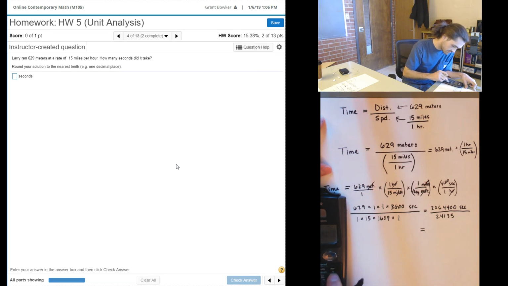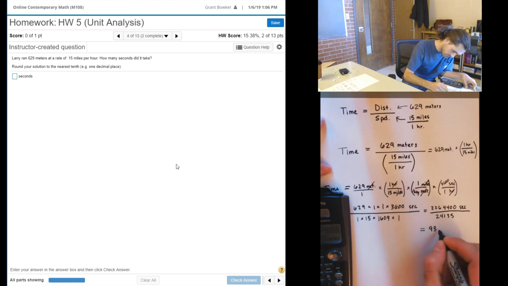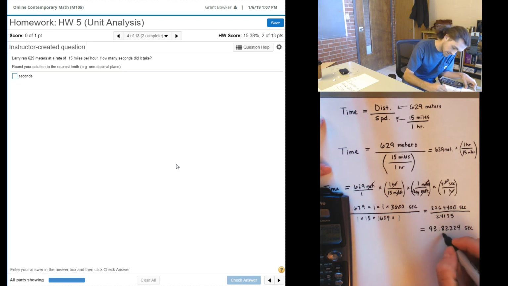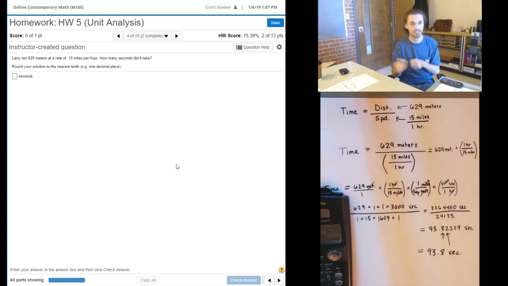Take the numerator, divide it by the denominator to get 93.82224, and so on. And that's a measure of seconds. We want to round to 1 decimal place. So we'll inspect our second decimal place and ask ourselves, is the second decimal place big enough to round up my first decimal place? The answer is no. So 93.8 seconds is our answer.